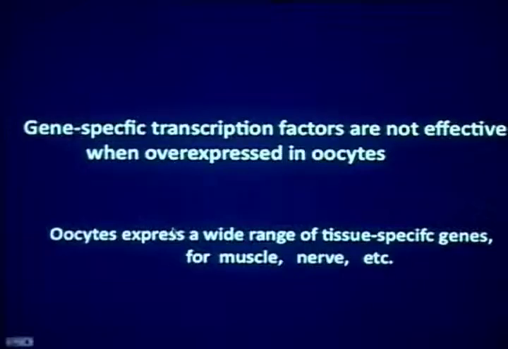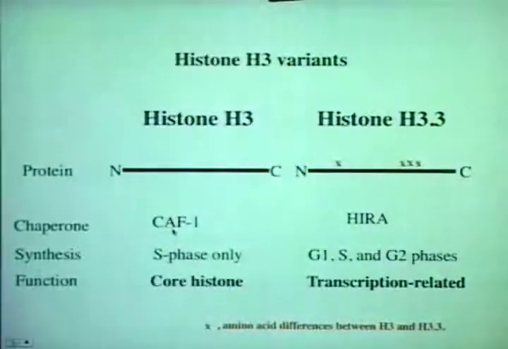They are quite strongly transcribed in the female germline. So these are those two points: gene-specific transcription factors do not seem to be effective in oocytes, and oocytes express this wide range of genes. Those are characteristics of this special cell.